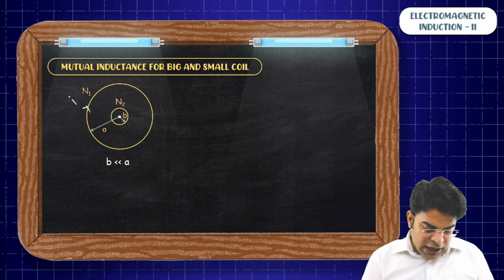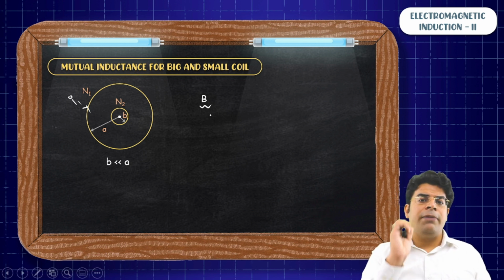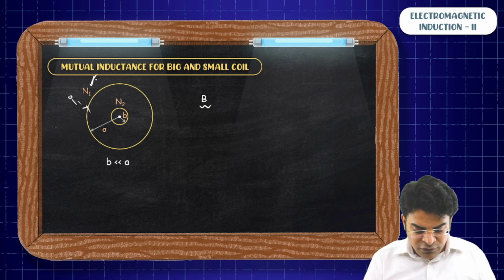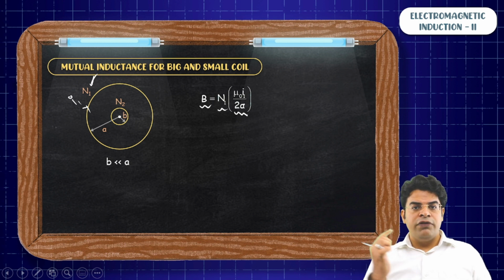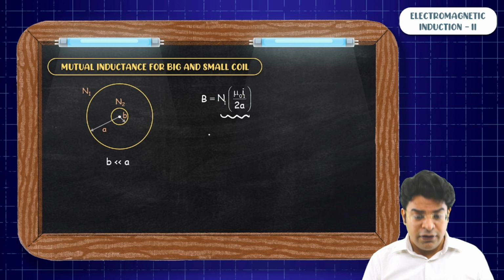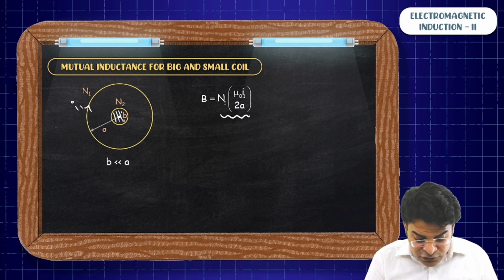Assume that some current I1 flows in the bigger coil. So you will say that the magnetic field by the bigger coil at the position of smaller coil will be equal to the number of turns in the bigger coil multiplied by the field produced by one of its turns, which is mu naught I1 by 2A. Now this is the strength of magnetic field produced by a current I1 flowing in the bigger coil at the position of smaller coil.